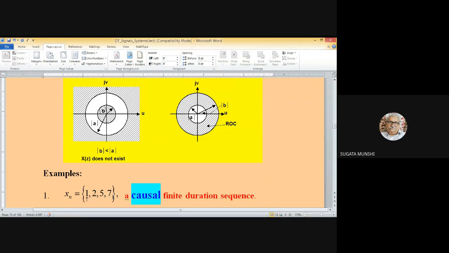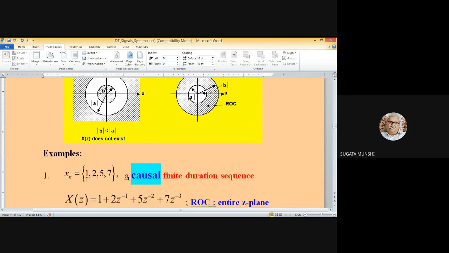And because the vertical arrow is here, it implies that all the sample values to the left of that instant are 0, and all the sample values to the right of that instant are 0. So this sequence extends from n equal to 0 to n equal to 3.